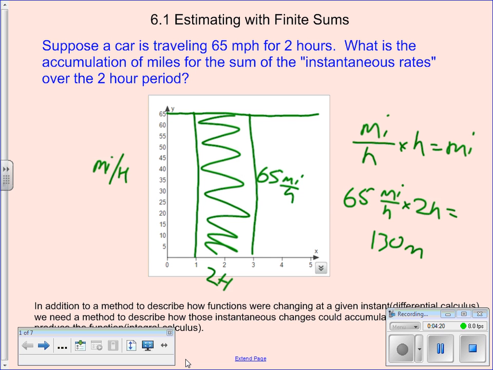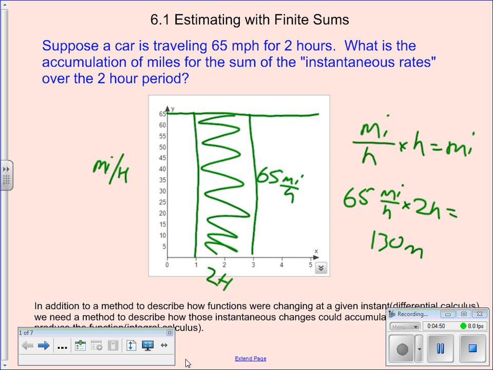So if I have an equation that describes a rate, and a graph where my rate is the y-axis and my time period is my x-axis, I find the area underneath the curve between the beginning and ending points. I have found the distance traveled.